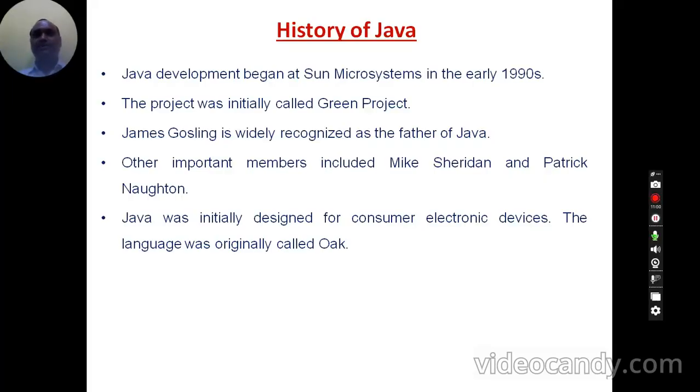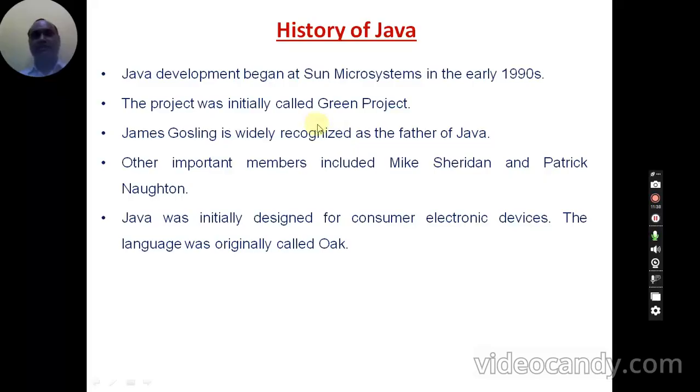The company management didn't like the Green Talk name, so the team renamed the programming language Oak, because outside the office where they were sitting there was an oak tree, and whenever they wanted to refresh or relax, they would go to that tree and relax there. Therefore they named their language Oak.